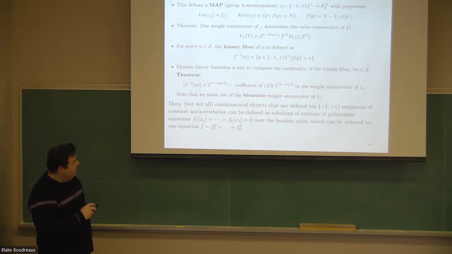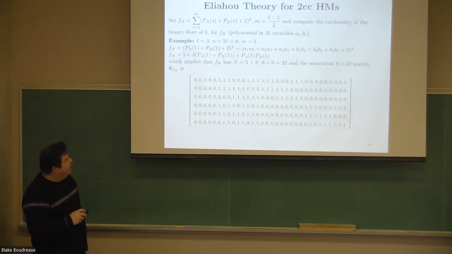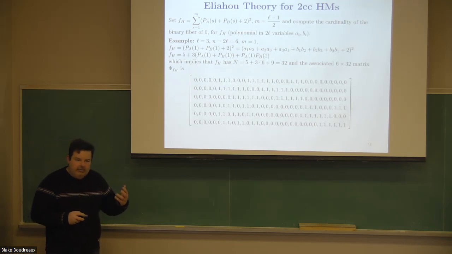So there are many combinatorial objects, not all of them, but many that can be defined in this context, plus and minus 1 sequences of constant autocorrelation. You can think of them as a system of polynomial equations with positive coefficients. So they sort of render in Eliyahu's formalism. And we can do this Eliyahu theory counting for Hadamard matrices that come from Legendre pairs.